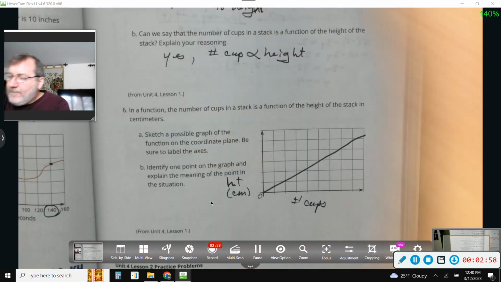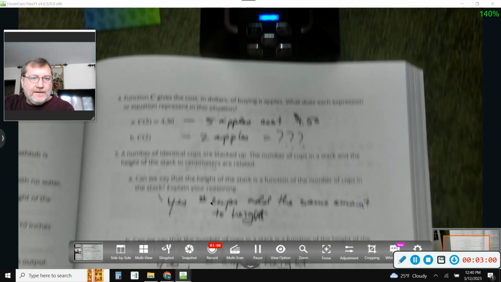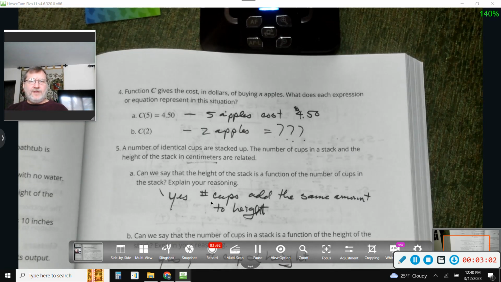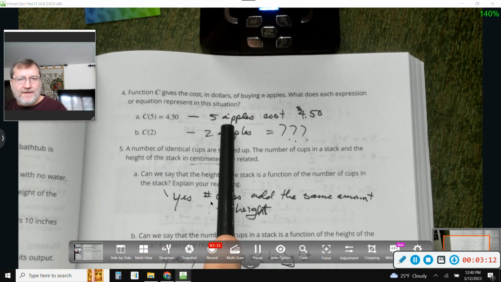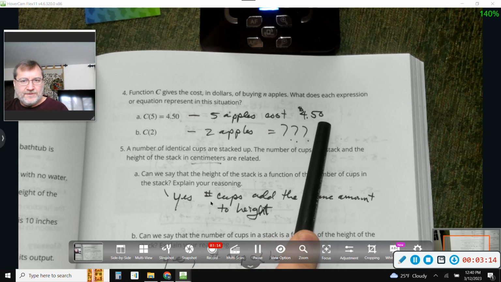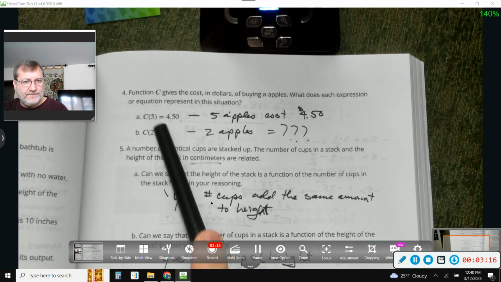Let's see. Number 4, function C gives the cost in dollars of buying N apples. What does each expression or equation represent in the situation? Well, if I buy 5 apples, it'll cost me $4.50. That's what this means here. Okay.